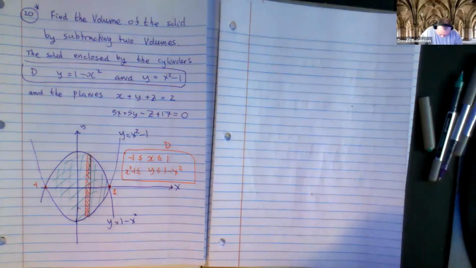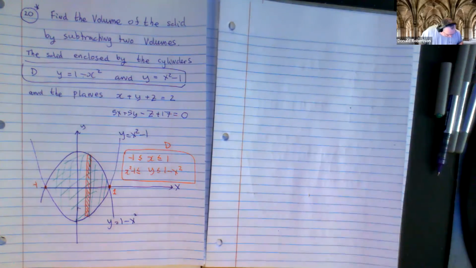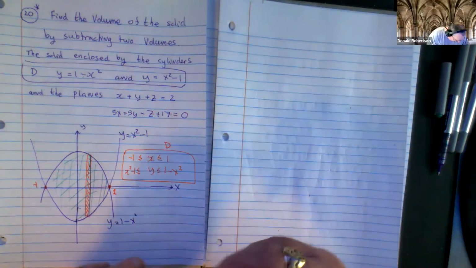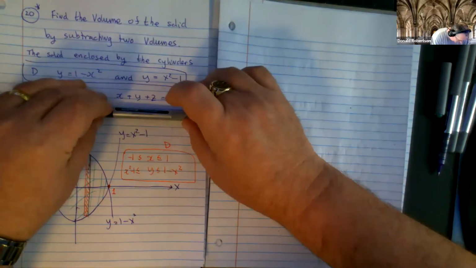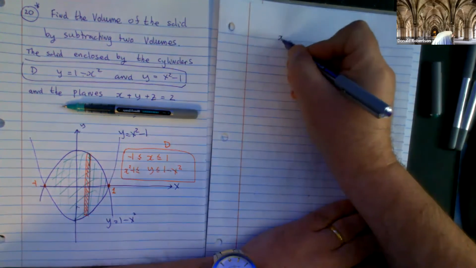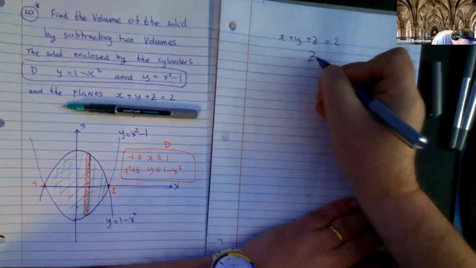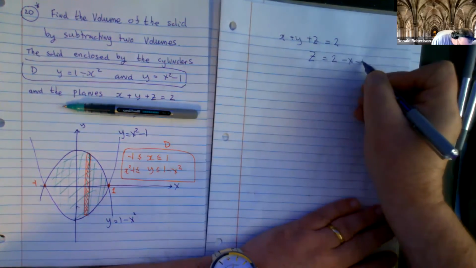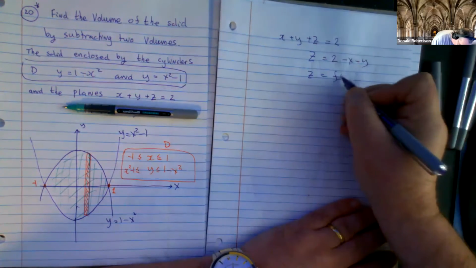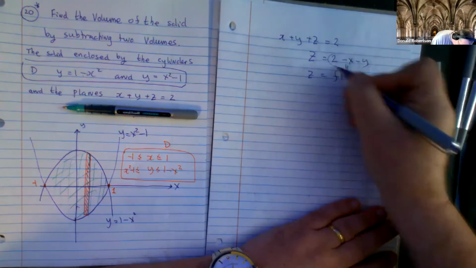Now I'm going to, again, pretend that we're not being asked to find the difference in two volumes. I'm just going to pretend they gave me one volume. They wanted to know the volume of that shape. Well, if you take x plus y plus z equals 2, don't you have to rearrange it to find out what z is? Because in that case, we now know who our function is. f of x,y is going to be that guy.